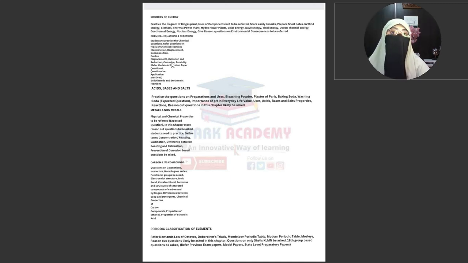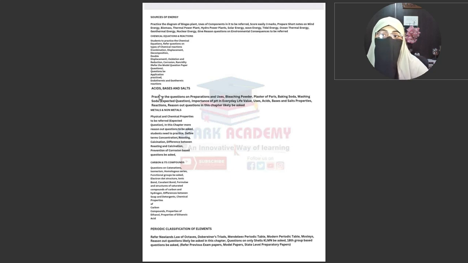Then corrosion, rancidity, that is the redox reactions which occur in day-to-day life. Then the model question paper, you can refer to it if you want more questions to practice. And endothermic, exothermic. These reaction differences are very important. You need to study that as well.